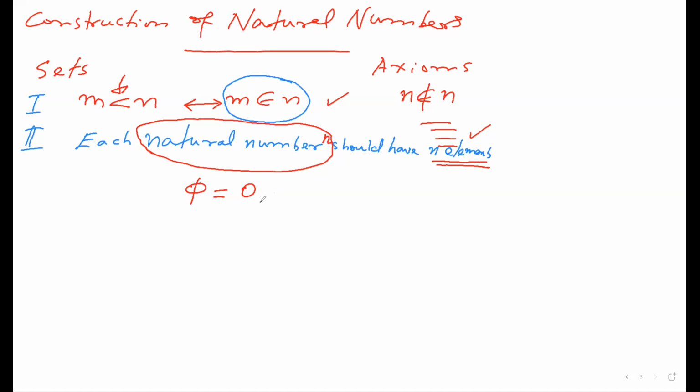Jayaditya? Sir, shouldn't every natural number n have n minus 1 elements? Because you will have elements from 1 to n minus 1. You can't have n in n. Wait. Good point there. But soon you will see. That's a very good point, Jayaditya.